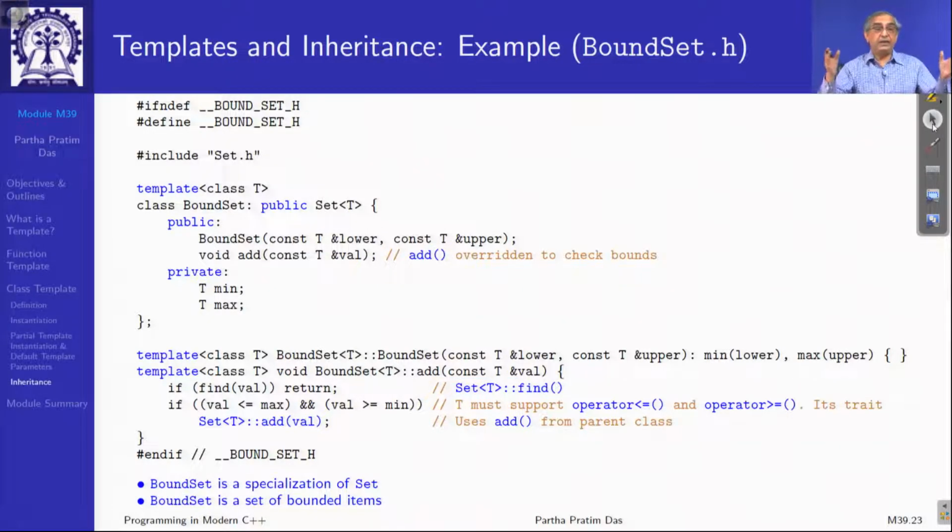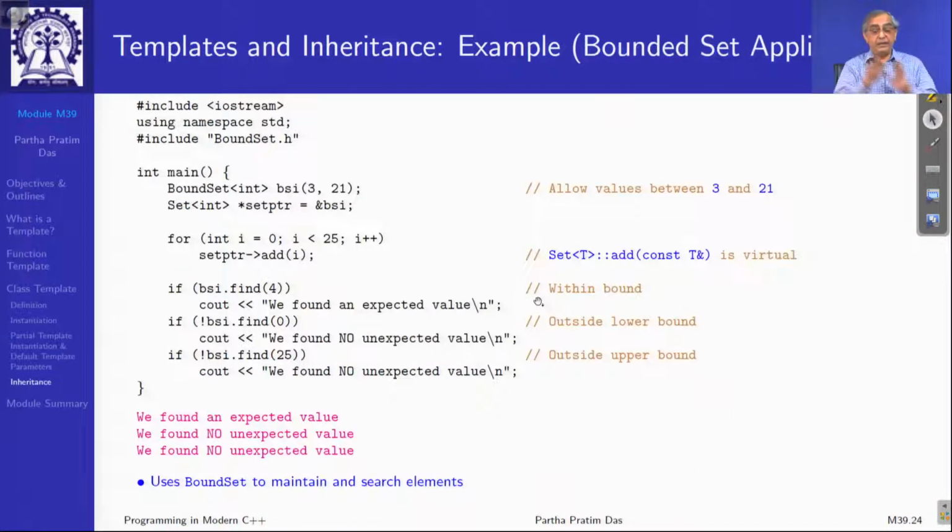All of these, list set and bounded set, are parameterized by a type parameter T. So, using that, I can have a bounded set of integer defined. I create a pointer to set and let it point here. So, it is doing an upcast automatically of the pointer type.